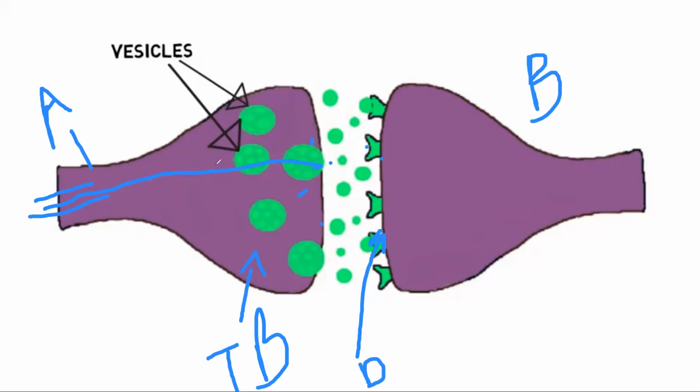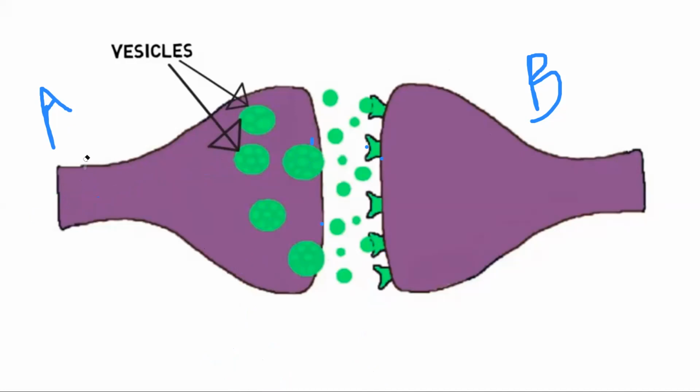So when this happens, let me erase everything. The information I'm talking about is more or less like vesicles. This is the vesicle they are saying.